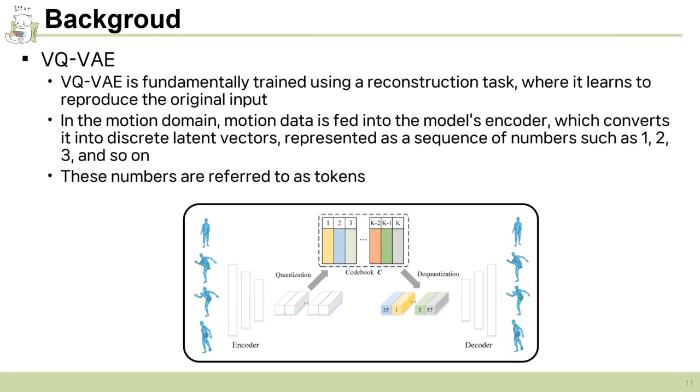This approach simplifies complex motion data, making it computationally efficient to work with. Tokens are converted back into latent vectors through a process called dequantization, and the decoder uses these vectors to restore the original motion. These tokens can also serve as input for other models, such as transformers, which are designed to predict the next token in a sequence.